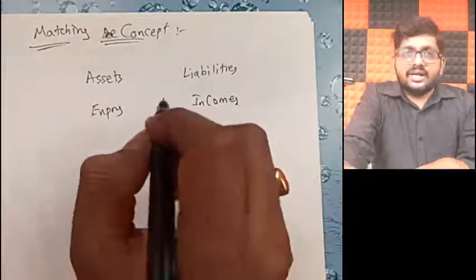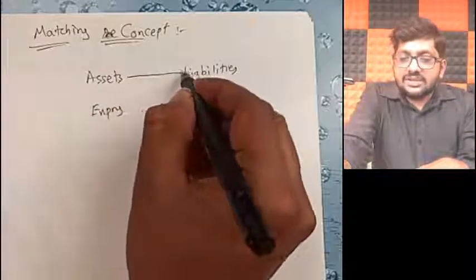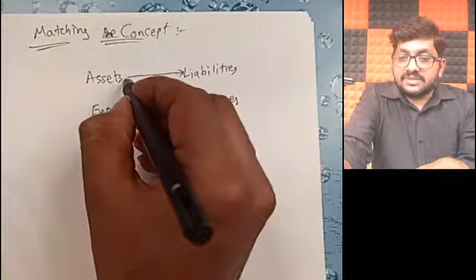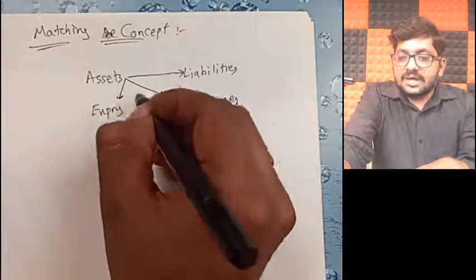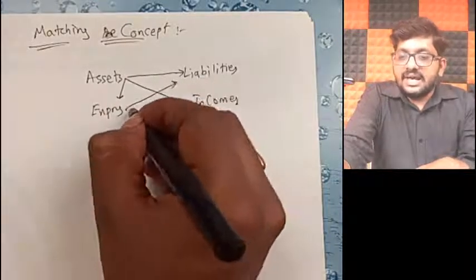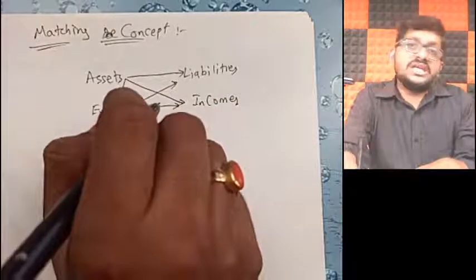Now what they are trying to say is, you can always match assets with your liabilities, sometimes assets with your incomes, sometimes assets with expenses, sometimes expenses with liabilities, expenses with incomes. Whatever be the case, you can actually have a matching with each other.